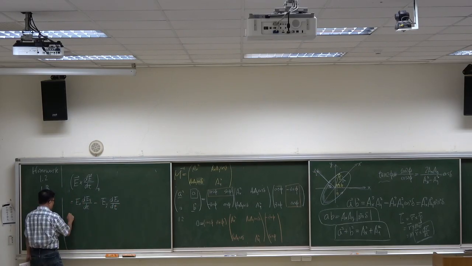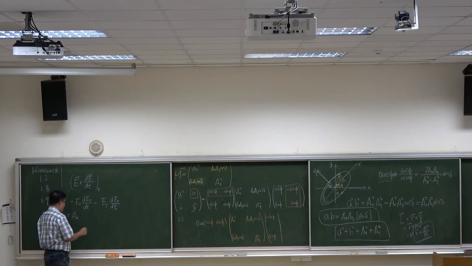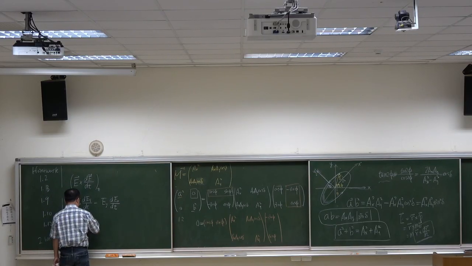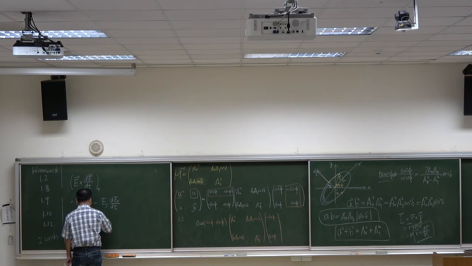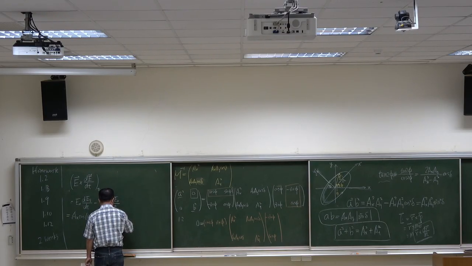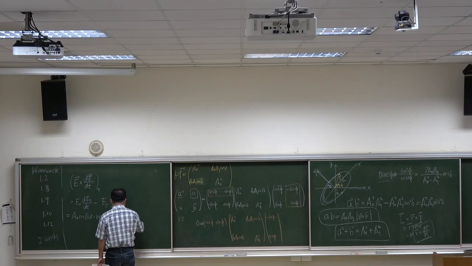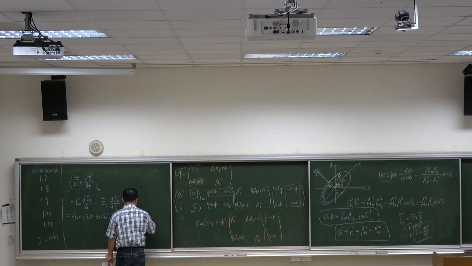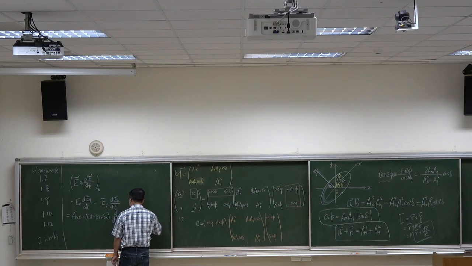And remember that EX is AX cosine omega t minus KC plus delta x, and EY is AY cosine omega t minus KC plus delta y.